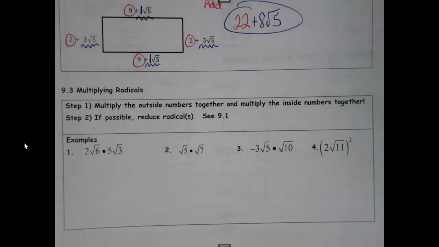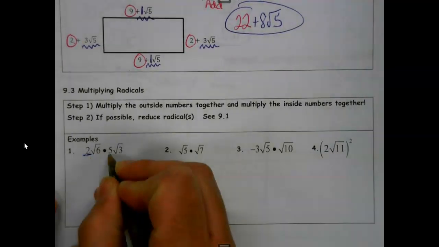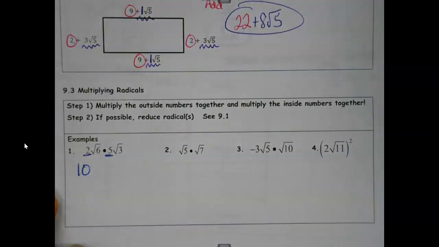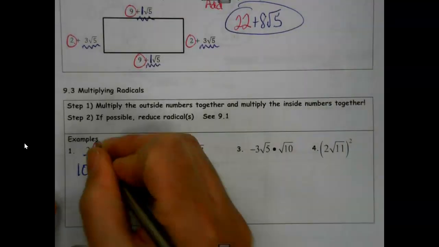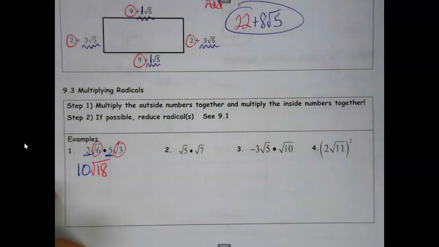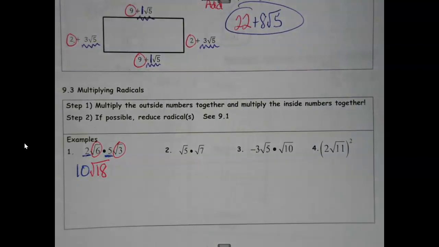Multiply the outside numbers together, 10. Multiply the inside numbers together, 18. That's always going to be the first step no matter what. Then step 2 is a maybe: if possible, reduce the radical.